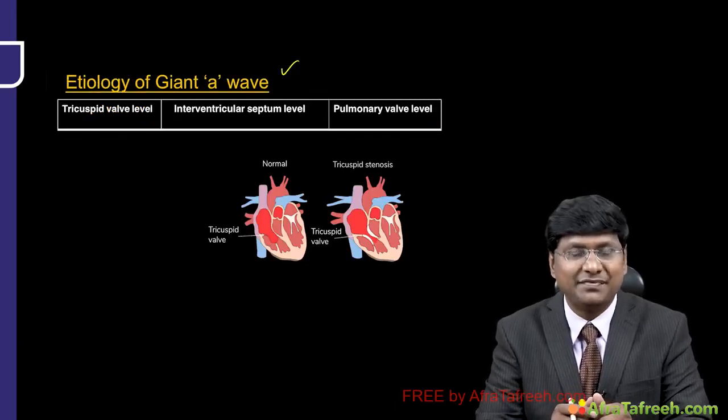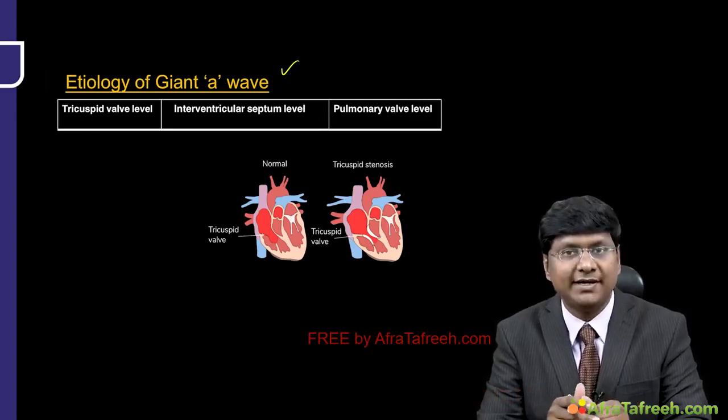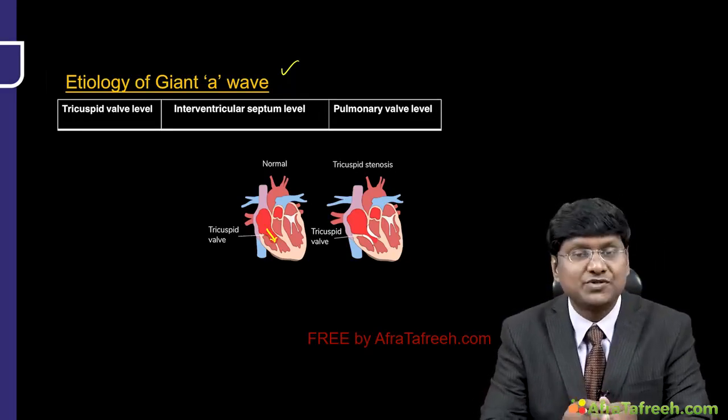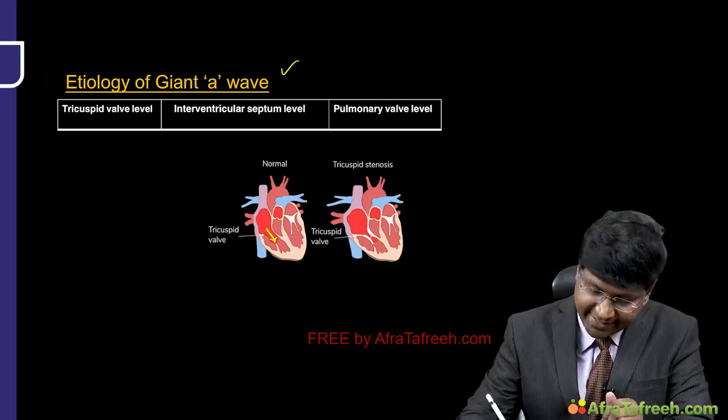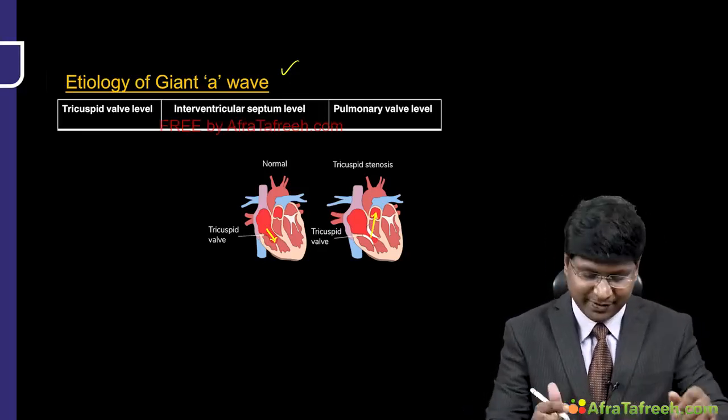So giant A wave, you can see in conditions where there is obstruction at the right ventricular inflow tract, and obstruction at the right ventricular outflow tract. Now what is that? Let me try to explain to you.